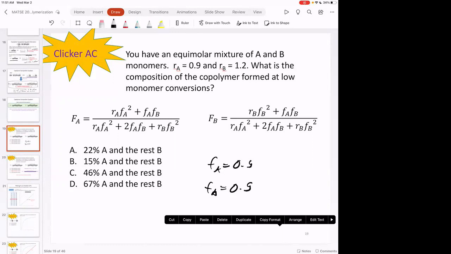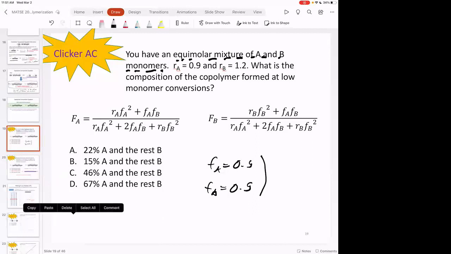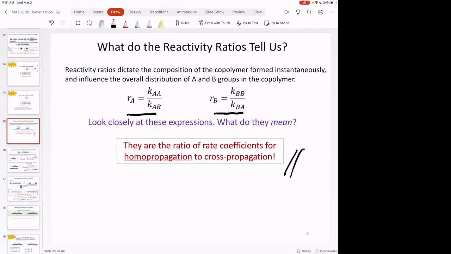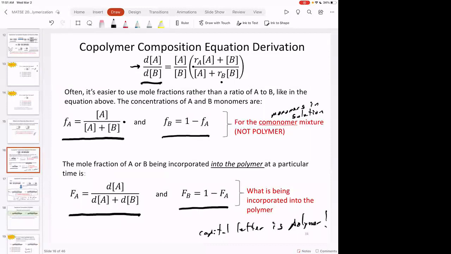We don't know. But that's key in order to go from the words to what the variables are. And I'm going to expect that you know that. So when you see equimolar, you'll know exactly what that means and you won't get that wrong. Or if I give you concentrations, you can calculate mole fractions, right? Because it's not hard to calculate mole fractions from the concentrations. I expect you to be able to do that.